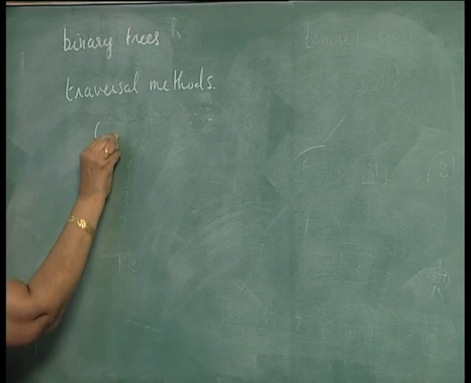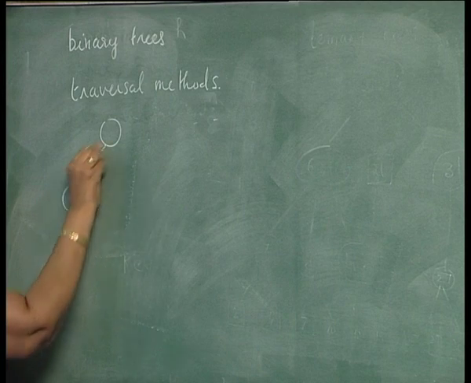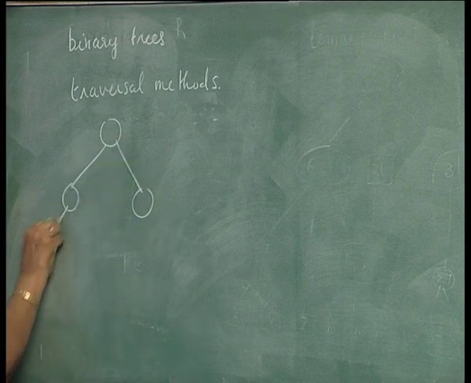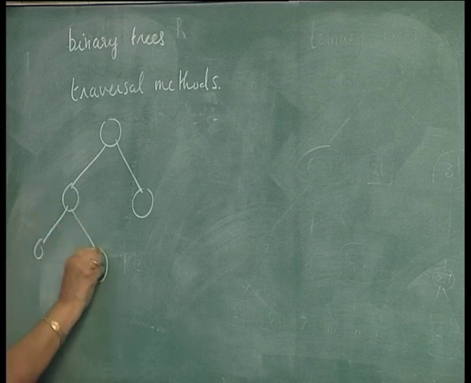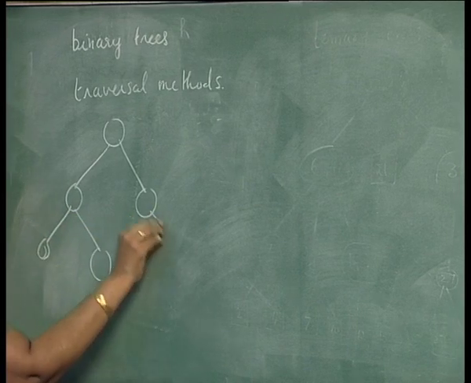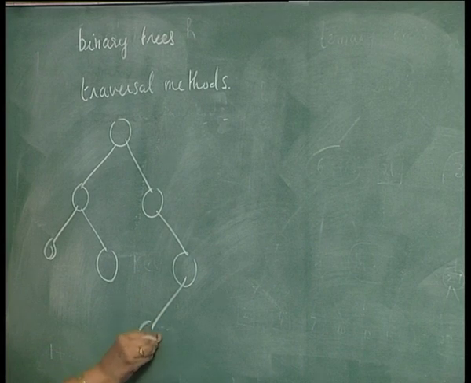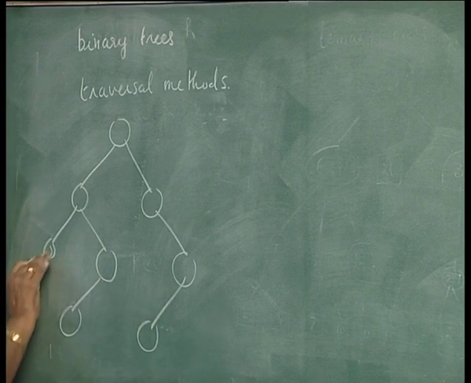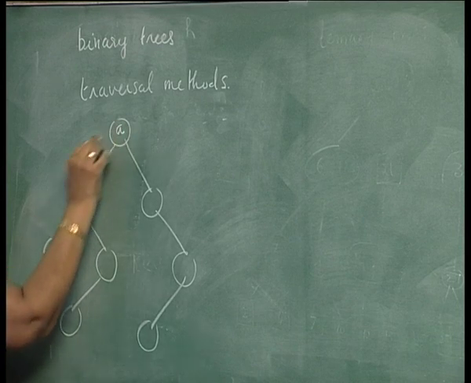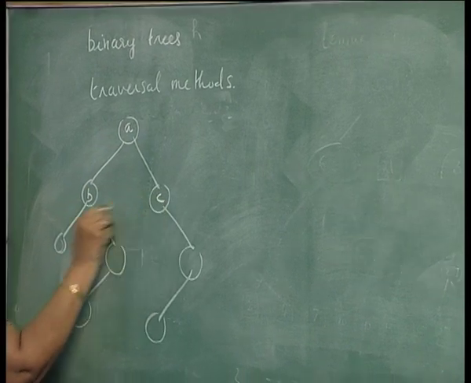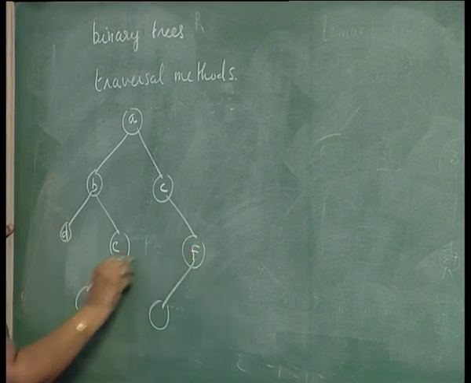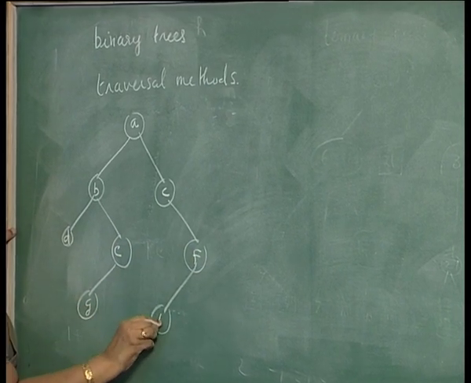Suppose I have a tree like this, where the nodes are denoted as A, B, C, D, E, F, G, H, say.